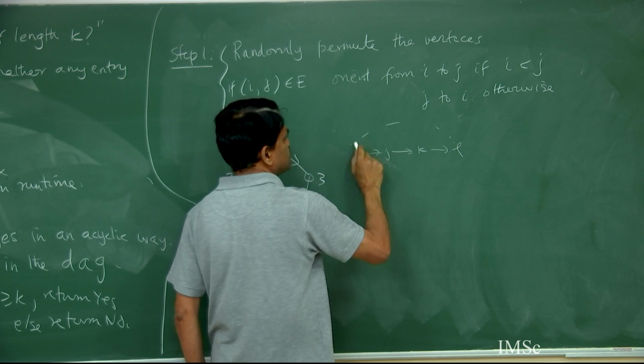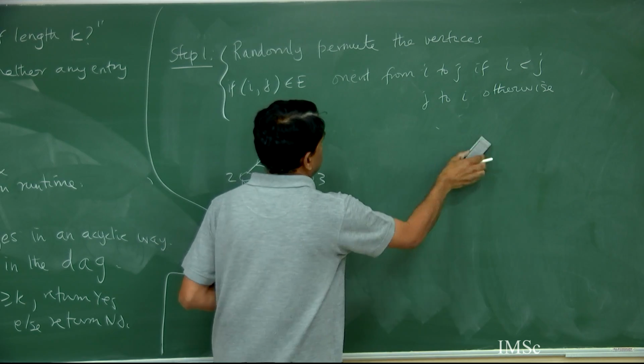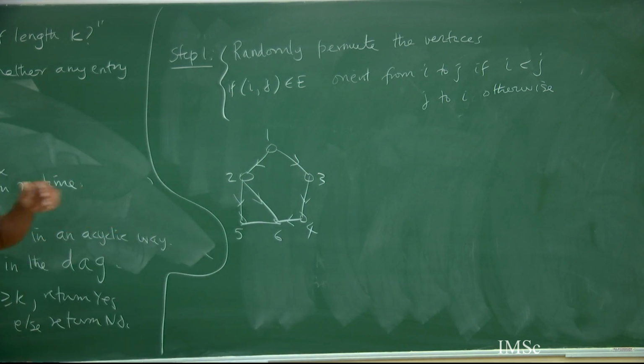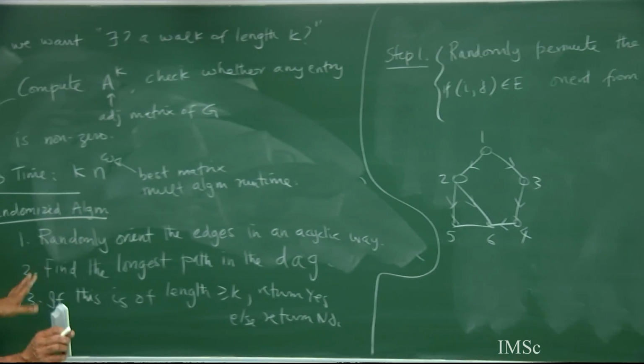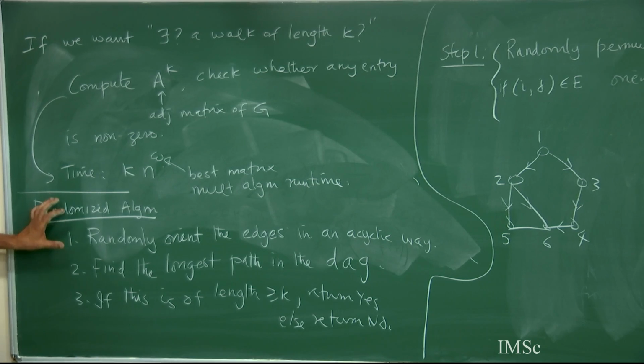So, there cannot be an edge like this. Okay. So, here is one way to do a random orientation of the edges so that it is acyclic. Just give a random permutation, a random labeling from 1 to n to the vertices, and then orient the edges from smaller vertex to larger vertex. Okay. So, now having specified that, this algorithm is done.